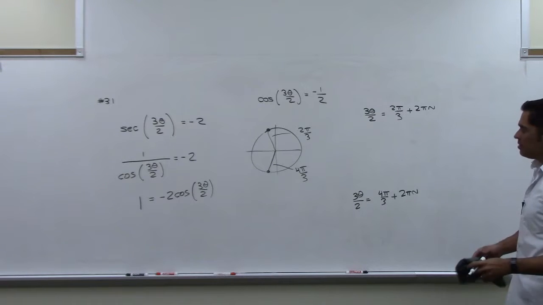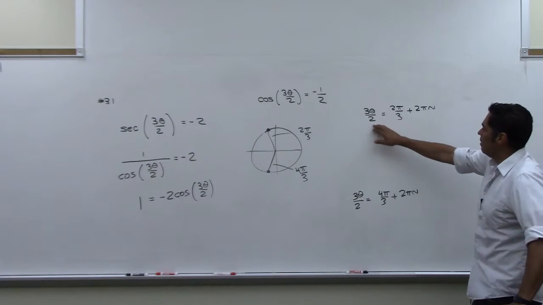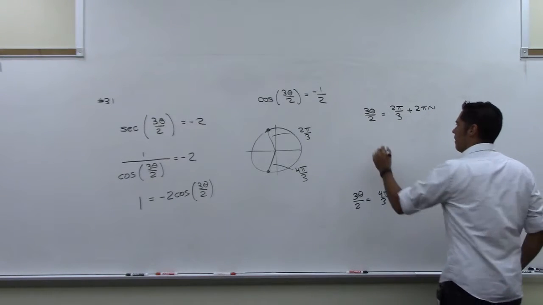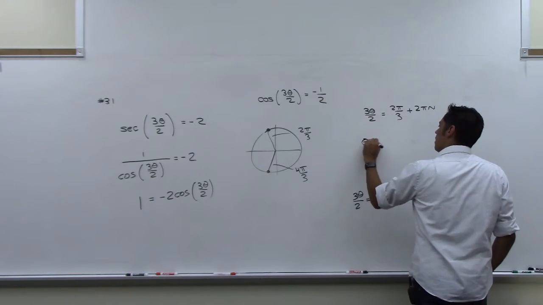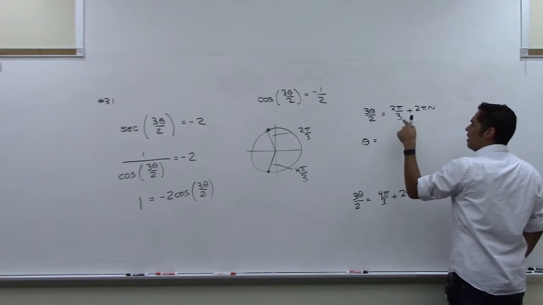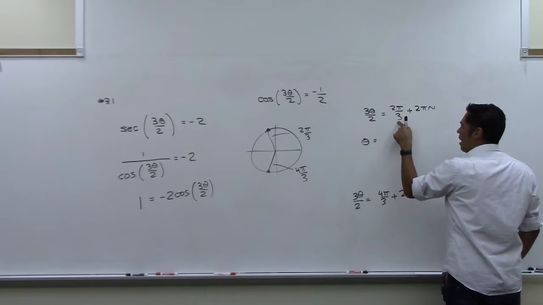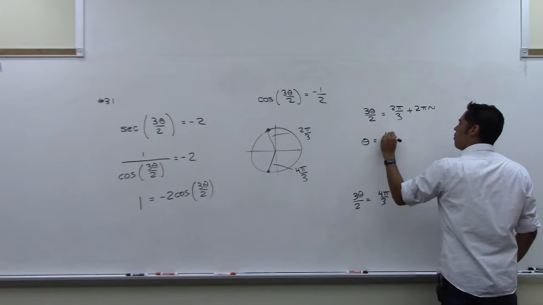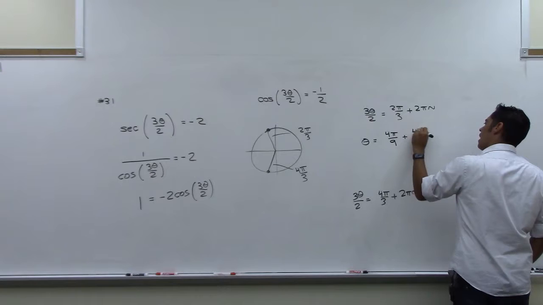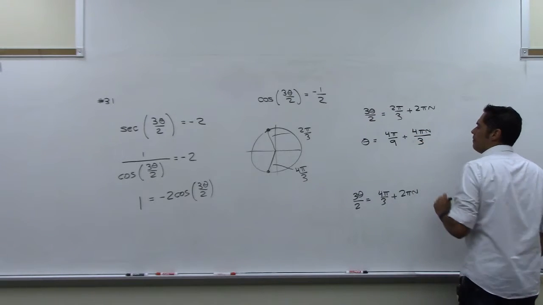And now I just need to clean up and get theta by itself. So I multiply both sides by 2 and divide by 3. If I multiply both sides by 2, I get 4 and 4 here. Divide by 3, I'm going to get 9 here and 3 here. So I'm going to get 4 pi over 9 plus 4 pi n over 3.